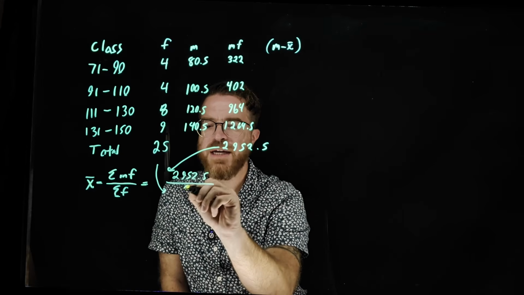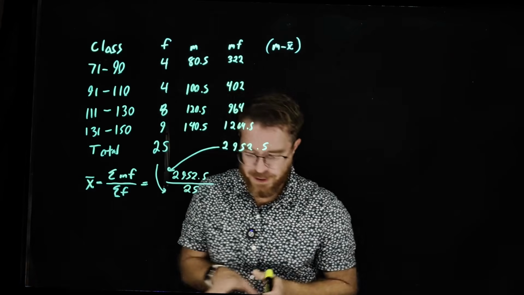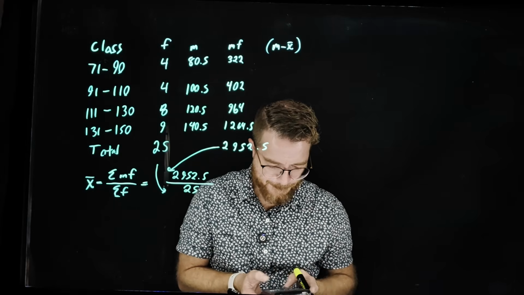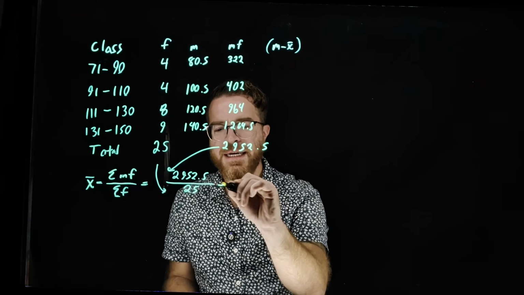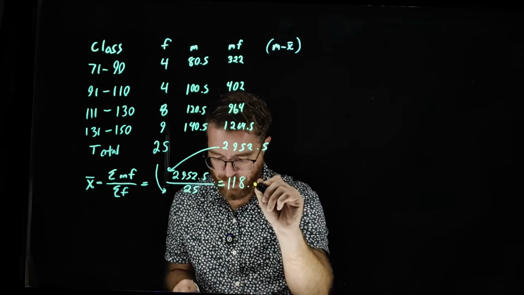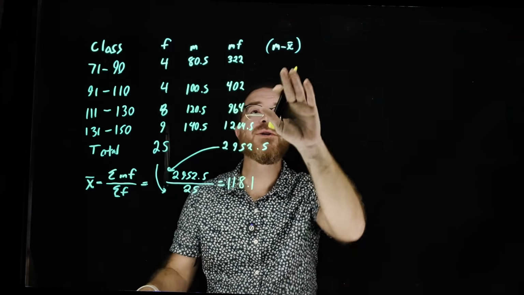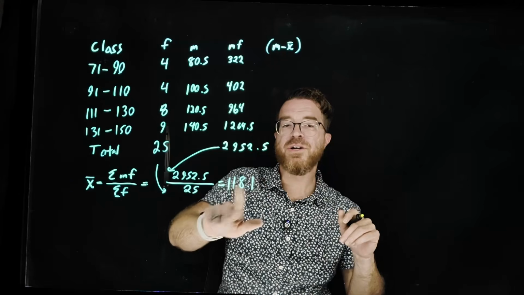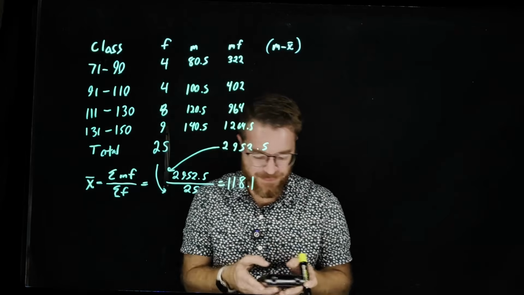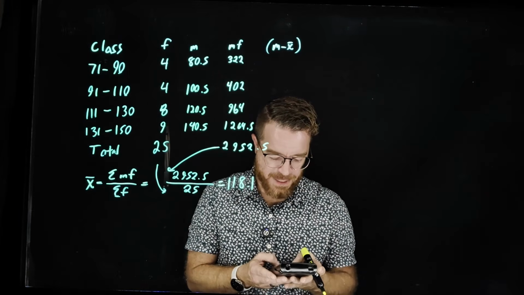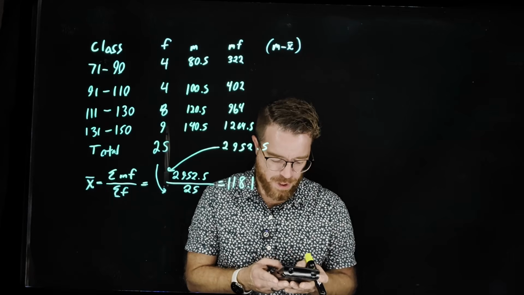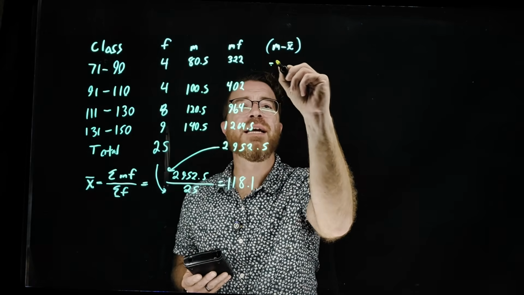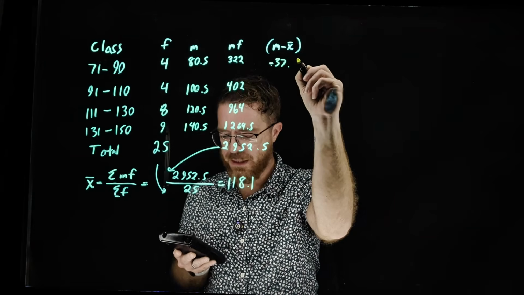2,952.5 divided by 25. So we're going to get 118.1. So now we can do this step. We can take each of these M's and subtract 118.1. So I'm going to have 80.5 minus 118.1, which is going to give me negative 37.6.